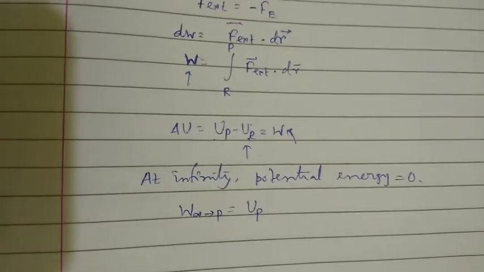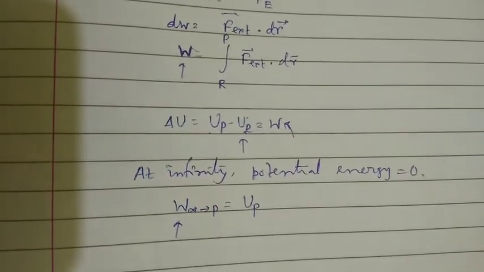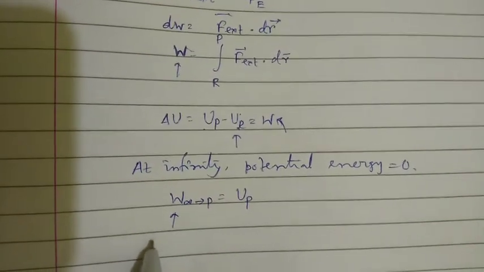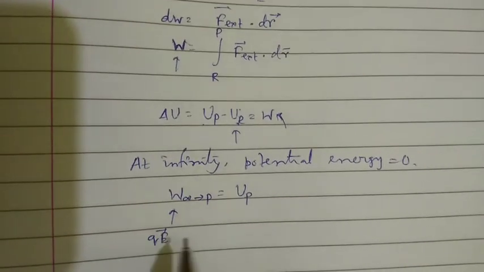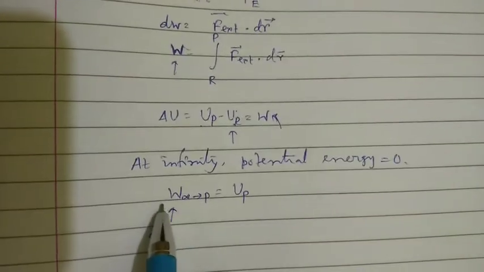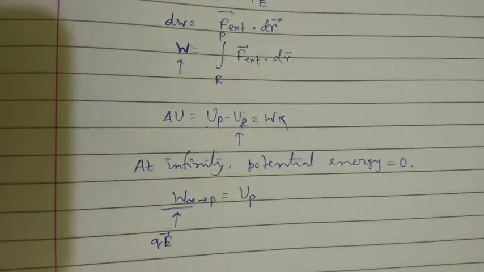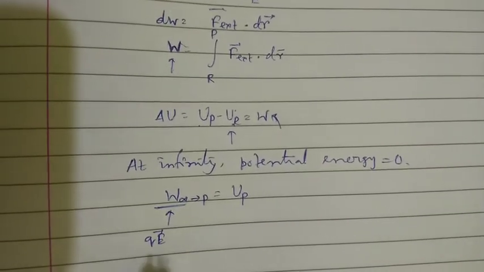Now this work done is definitely proportional to q, since the electric force it experiences is qE. So it is not independent of q. So this work done does not give any characteristic of that electric field, since it depends on the charge.